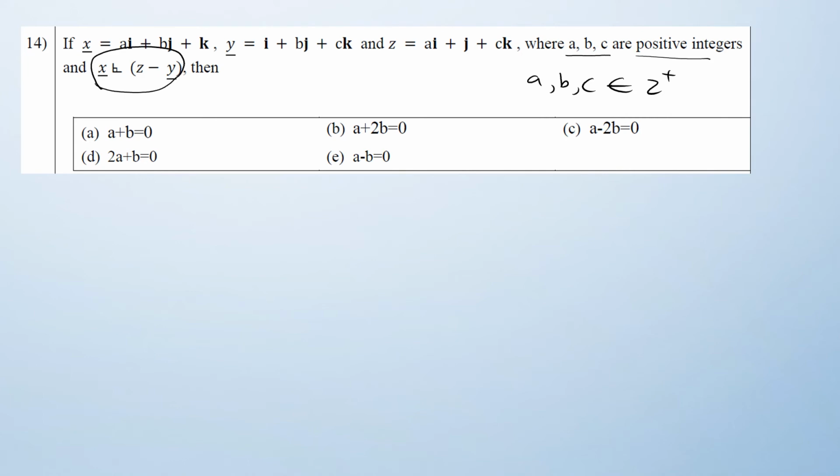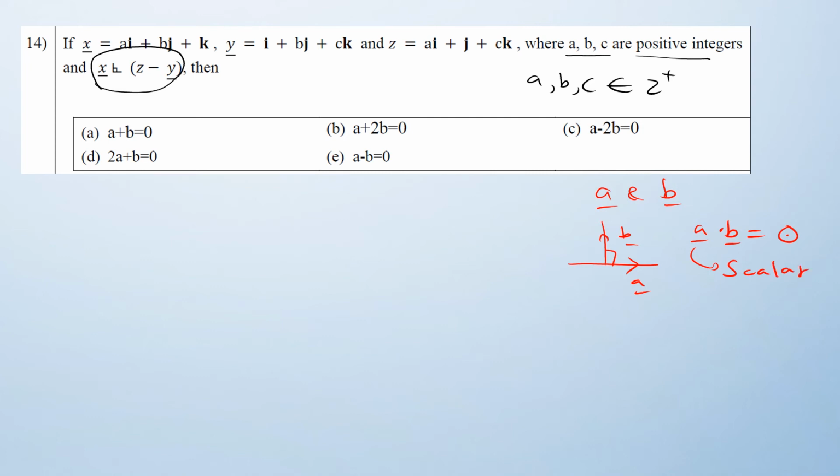So basically if you have two vectors a and b, if those two are perpendicular, we know that a dot b is equal to 0. Not 0 vector, it is 0, because dot product gives a scalar.